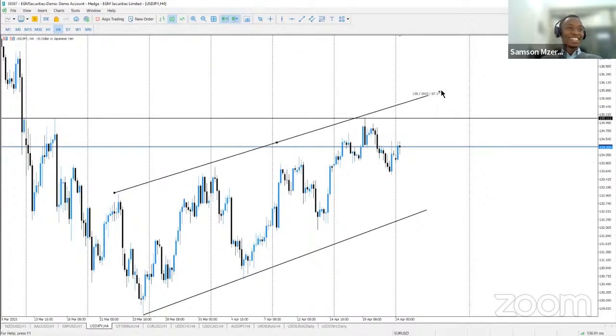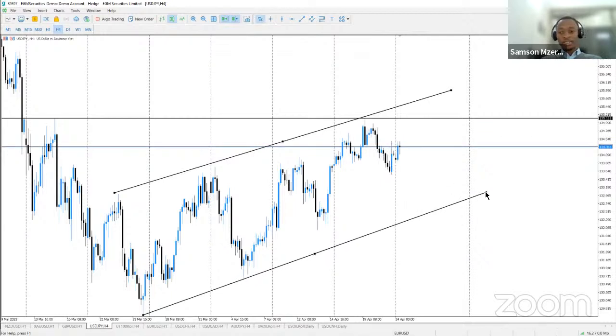If you're looking at USD JPY, this is your channel. At the moment, from the fundamentals, it's a bit bearish. So that means there's selling potential back to this lower area over here.